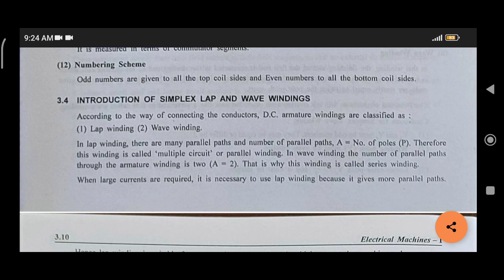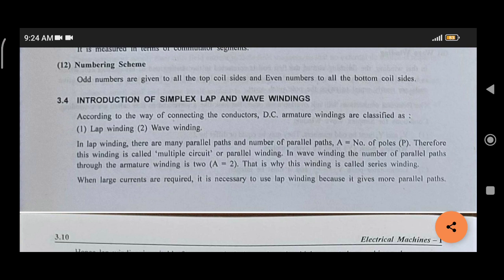If five conductors have the same current direction, they combine to make one parallel path. So in lap winding we have many parallel paths, and the number of parallel paths is equal to the number of poles. If you have four poles, then that machine has four parallel paths. But in the case of wave winding, it has only two parallel paths.